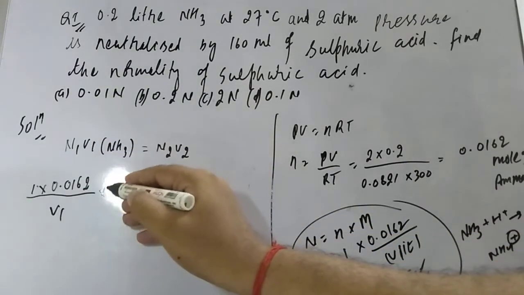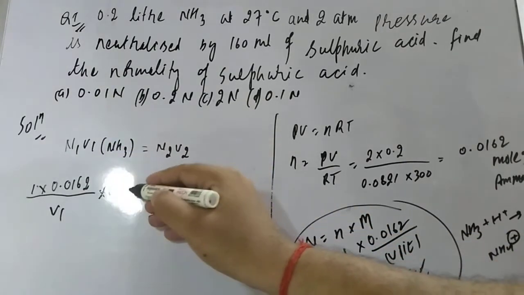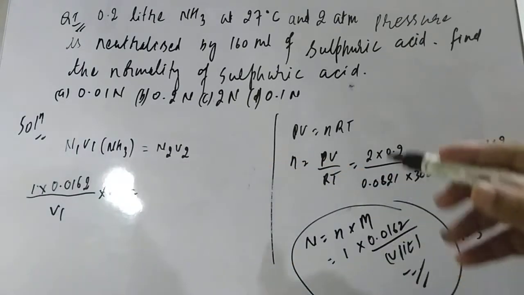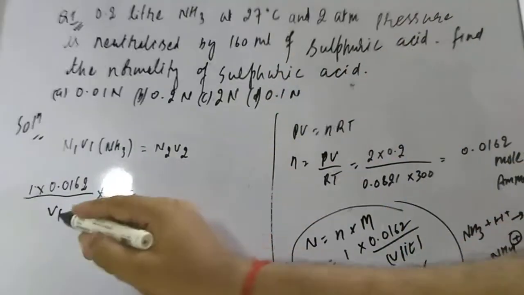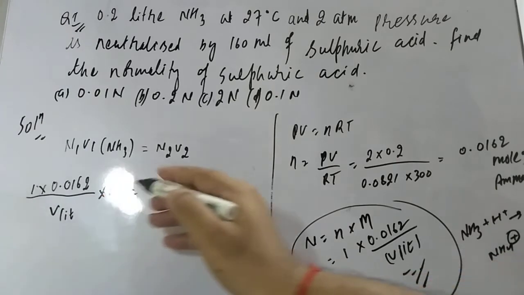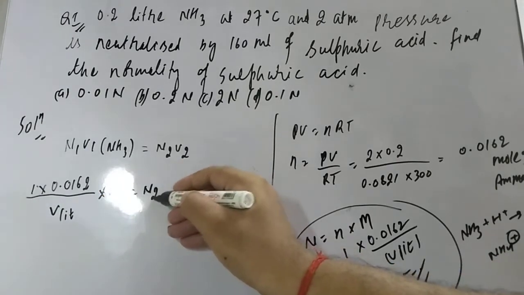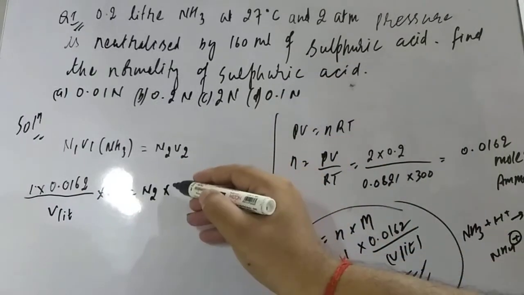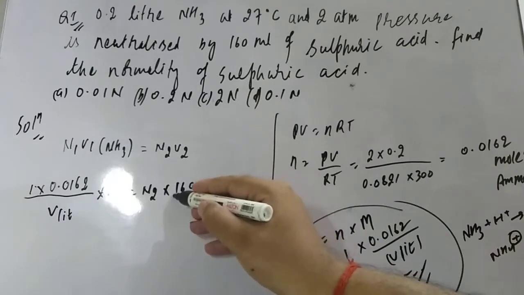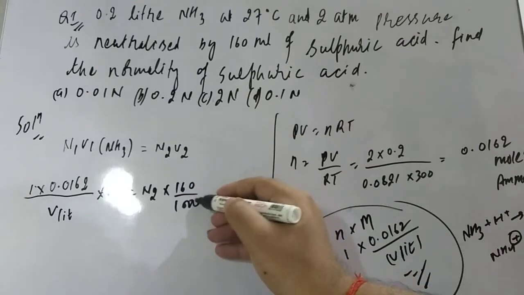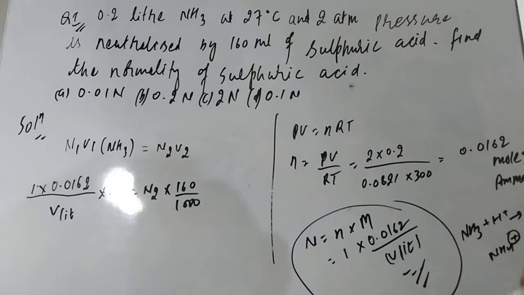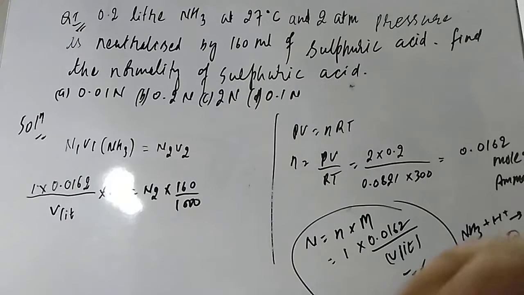N2 they are asking, and V2 they have said 160 ml is given, and we divide by 1000 so we get it in liter. Now do the calculation portion.